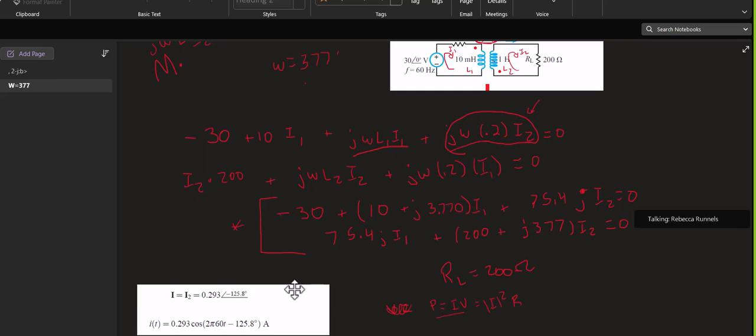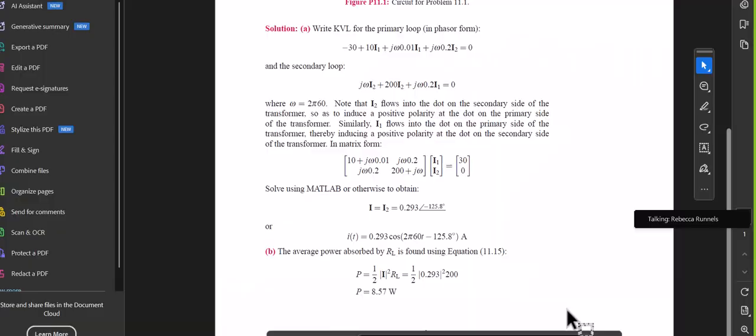What is meant by I squared is going to be the magnitude of I squared times the resistor. So the power absorbed by the resistor is going to be the magnitude of I2, because I2 is the current going through this resistor. And that magnitude was found to be 0.293 squared times 200.